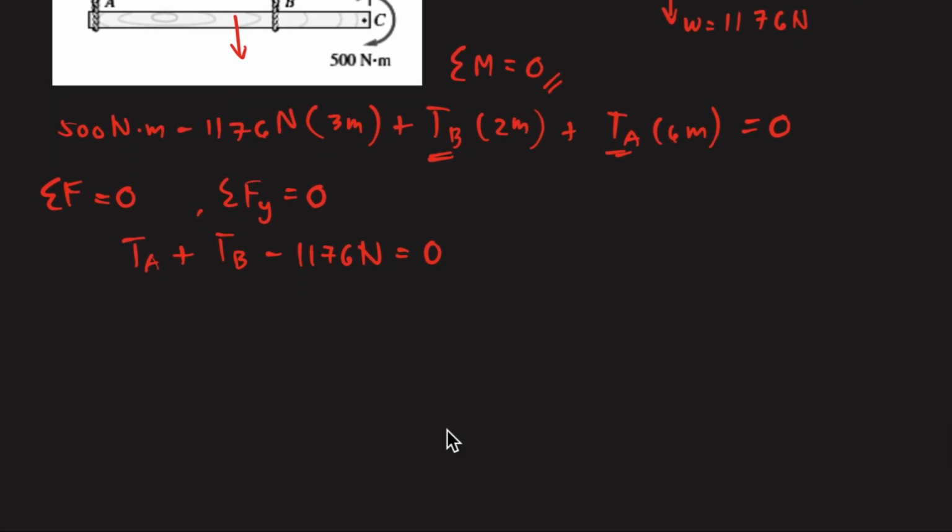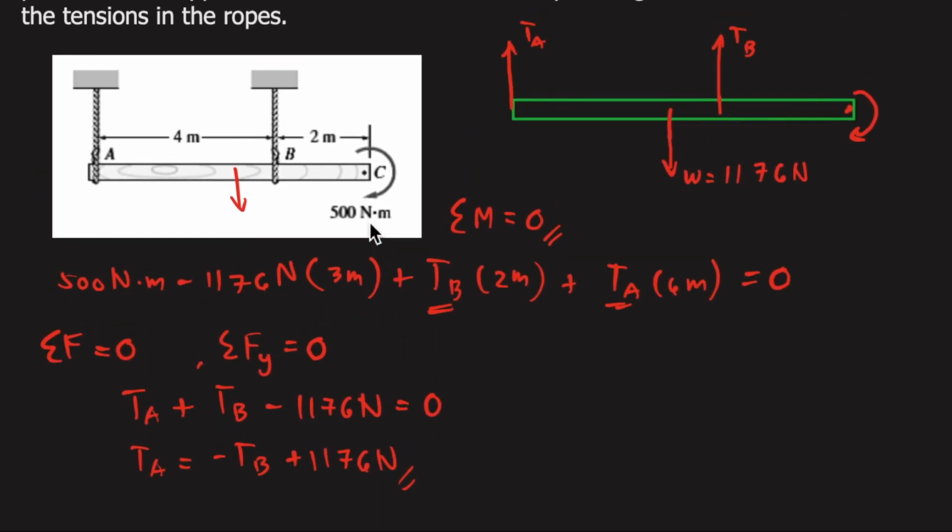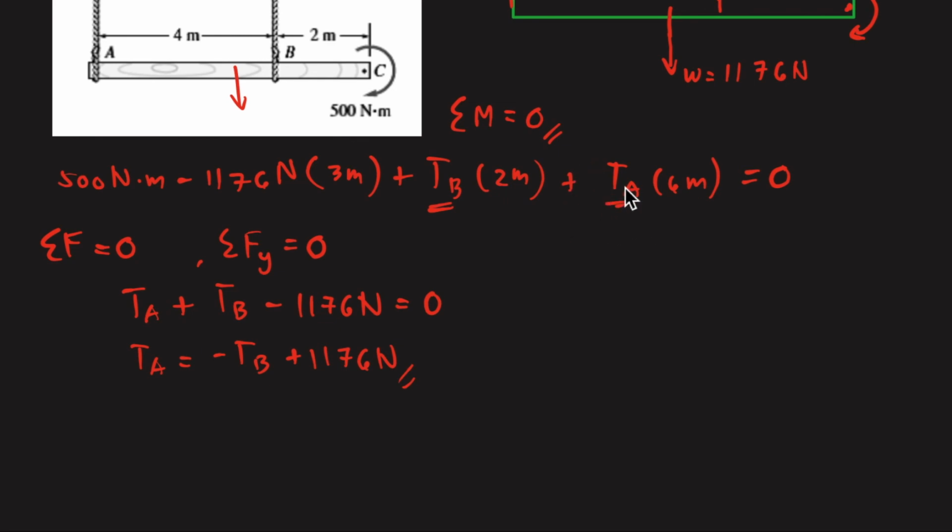Okay, now if we want to get TA, let's isolate it. So TA is equal to negative TB plus 1176 newtons. Now we have this equation for TA, so we can substitute this equation to the TA here.